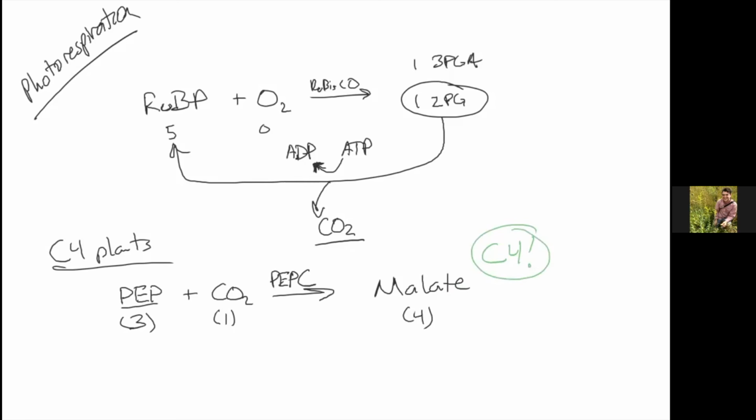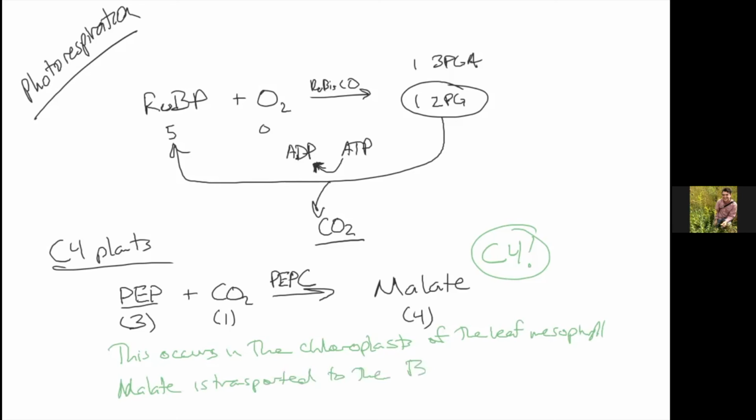This happens in the leaf mesophyll. Then they have a specialized set of cells in the leaf surrounding the veins that we call the bundle sheath cells. And malate is transported into those bundle sheath cells.